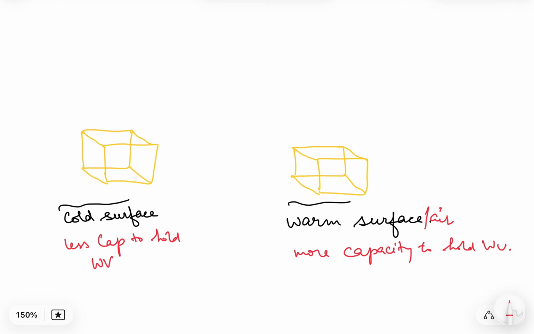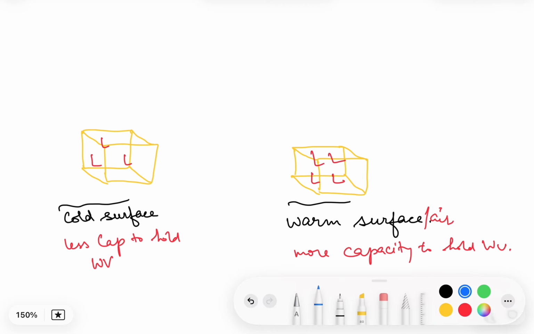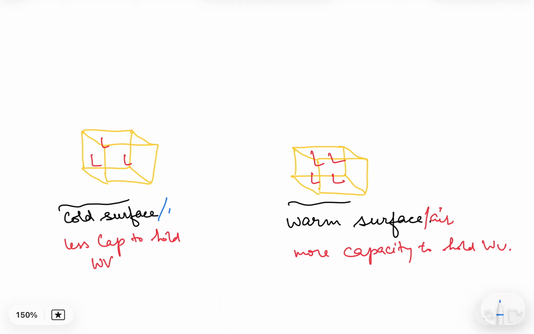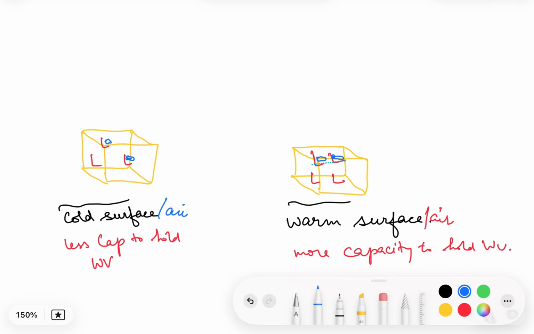So now let's consider the capacity to hold is 3 in the cold air, and in case of the warmer air we have 4 holding capacities. But in case of the cold air only 2 water vapor will be present, and in case of the warmer surface area we also have 2 water vapor present.